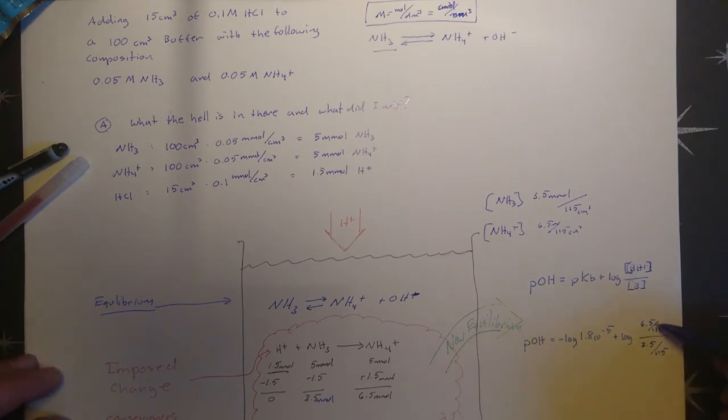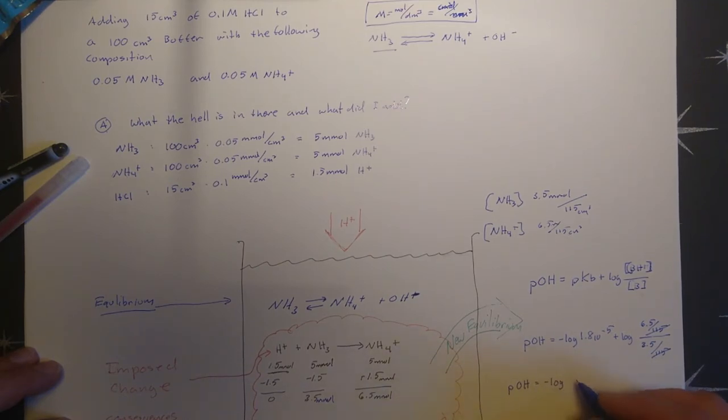But since this fraction is divided by this fraction, and dividing by a fraction is actually multiplying by the reciprocal, we can cancel the 115. So it becomes 6.5 over 3.5. So the pOH for this will be equal to the minus log of 1.8 times 10 to the minus 5 plus the log of 6.5 over 3.5.